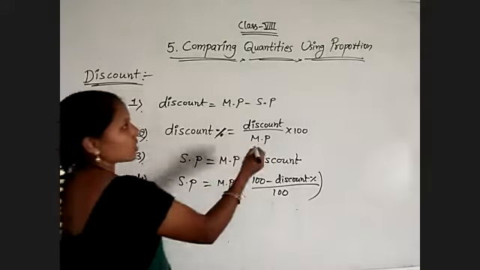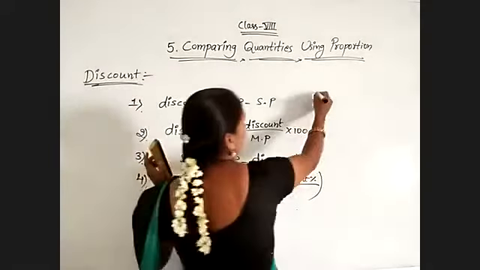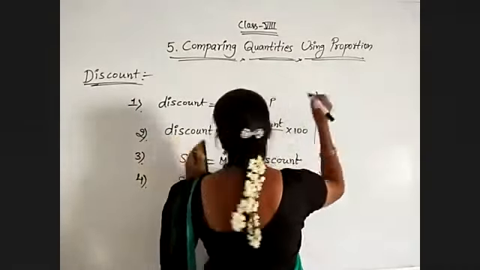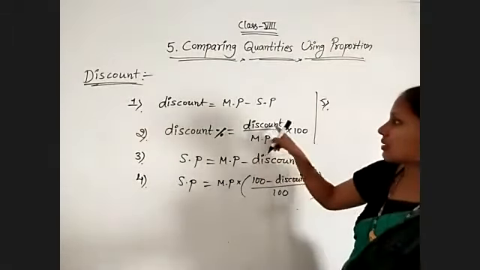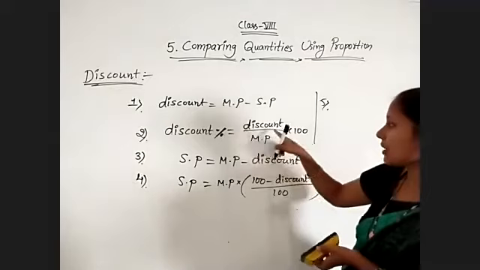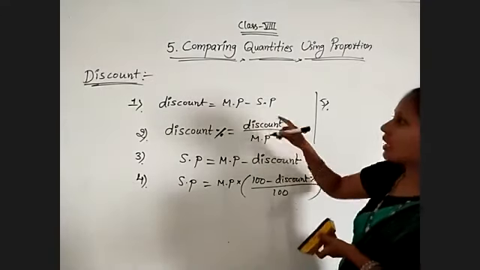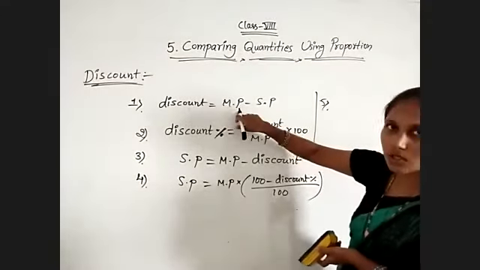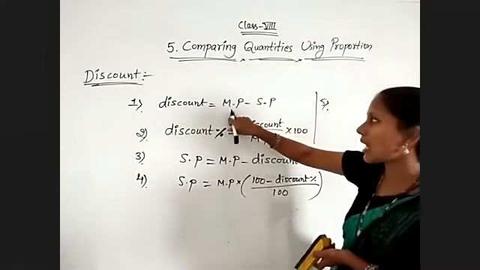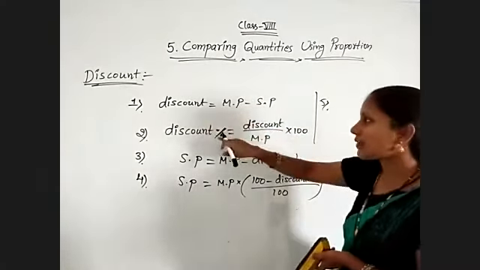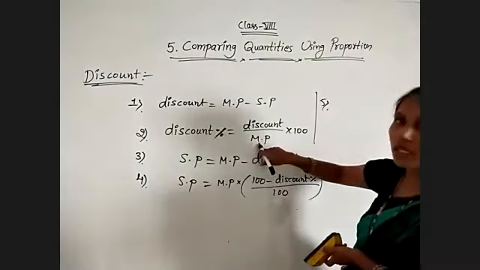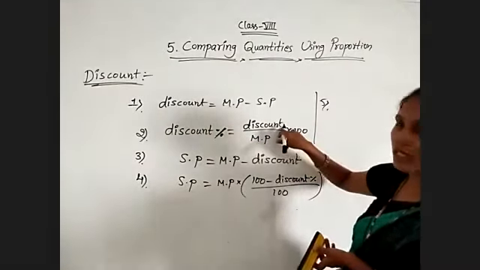Okay, take now discount percentage is equal to the fifth formula. From this second equation, I am trying to get the discount value. If in the question they have mentioned market price and SP, this is the formula for discount. If they have given discount percentage and MP, from this I am writing the formula for discount.